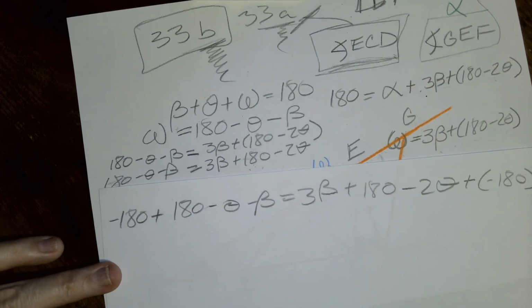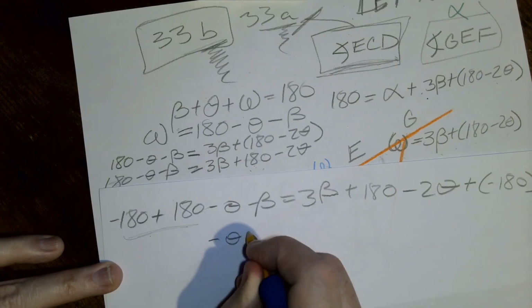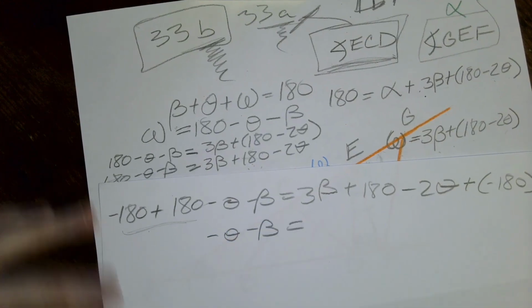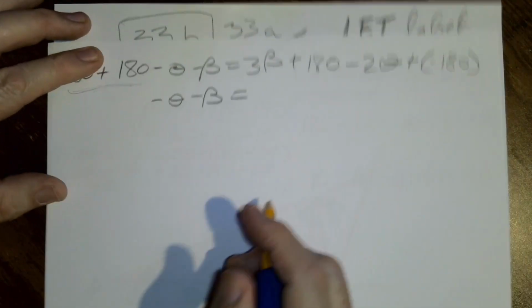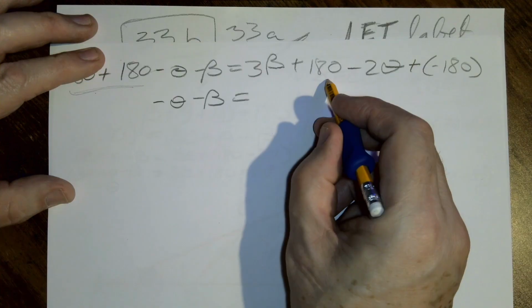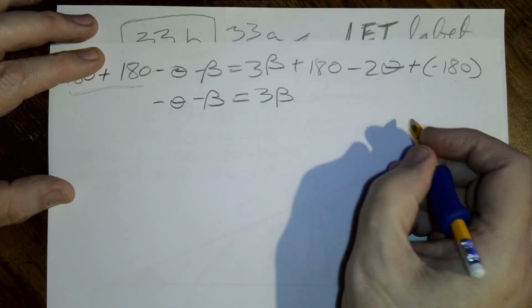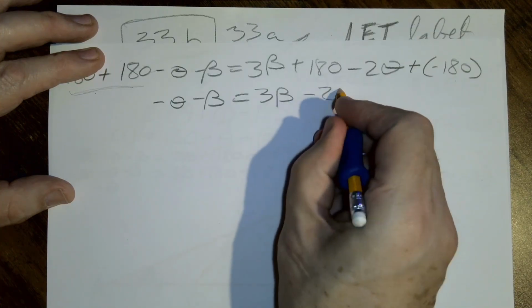Like that. So here we have 0, negative theta, let's see, negative 180 and a positive 180 is 0. Here we have 3 beta minus 2 theta.